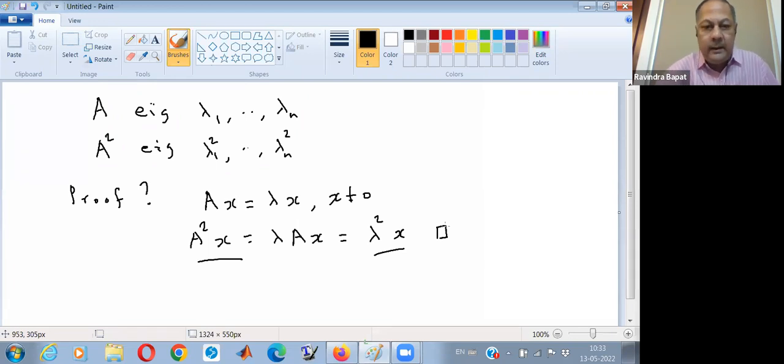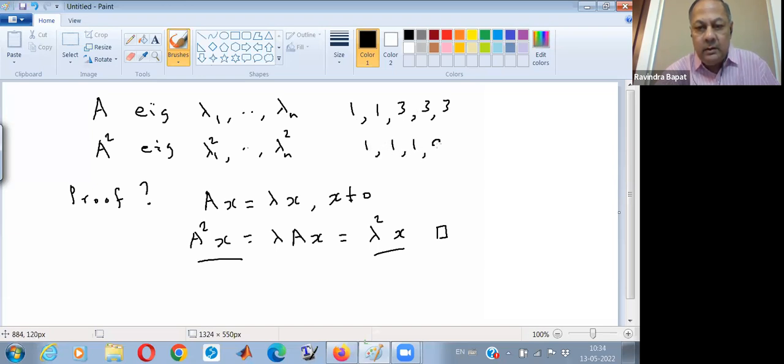Very simply, if I say that suppose A has eigenvalues 1, 1, 3, 3, 3, and I claim that A squared has eigenvalues 1, 1, 1, 9, 9, then you have not contradicted that.